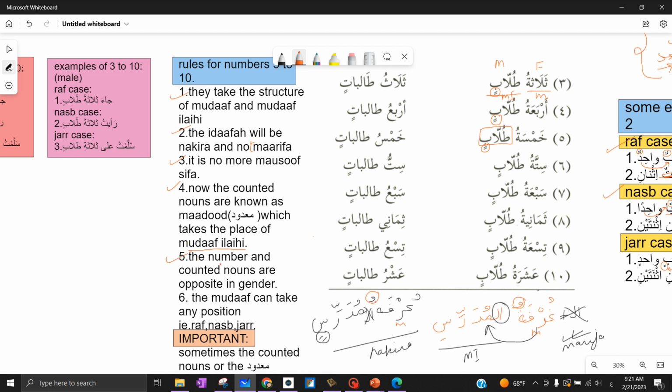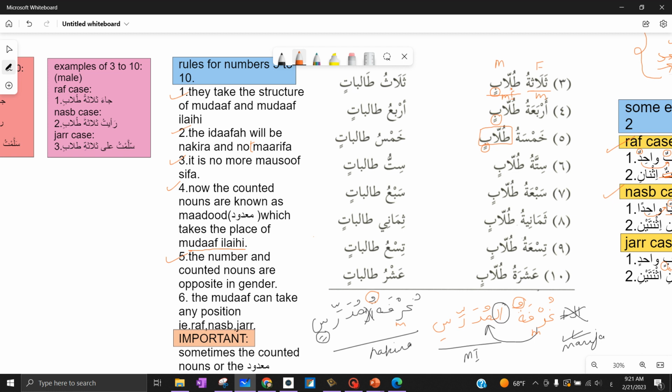Then number 5th, the number and counted nouns, meaning the number salasa, arba, khamsa, and the counted noun tullabin, they are opposite in gender. Now what is happening? The gender is opposite. You see, this is a feminine number, salasatu, with a tamarbuta. And what about the counted noun? It is male.